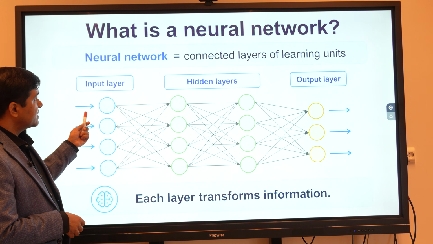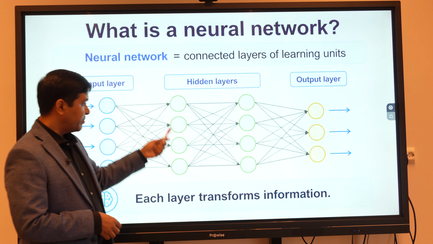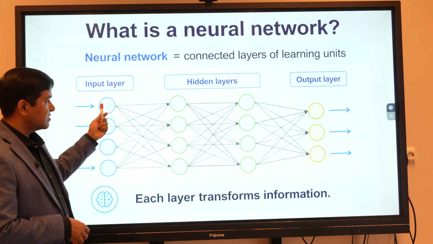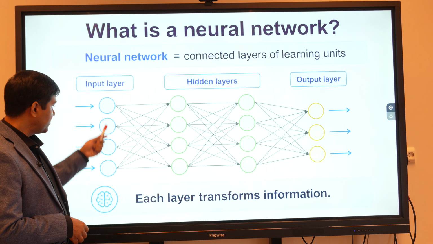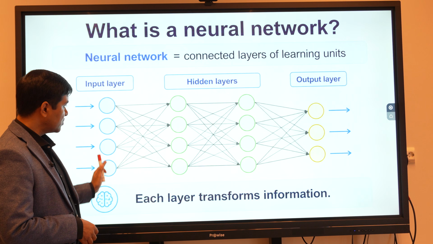A neural network basically has many layers of neurons. Each of these is a single neuron, and combining multiple neurons in one layer is called one layer. The input also has this.